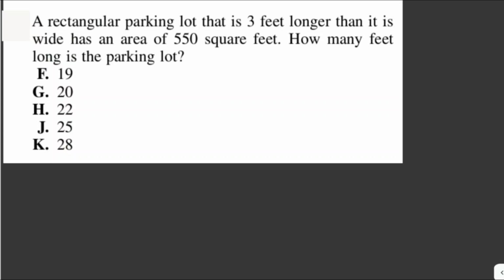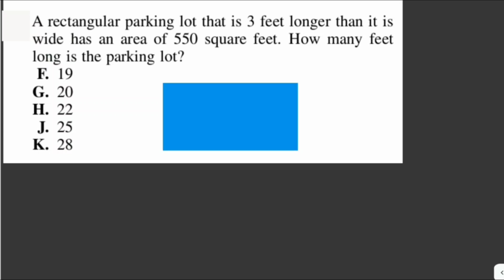A rectangular parking lot that is 3 feet longer than it is wide has an area of 550 square feet. How many feet long is the parking lot? Let's say this is our rectangular parking lot, and this is the length, and this is the width, and we're given the area that is equal to 550 square feet.